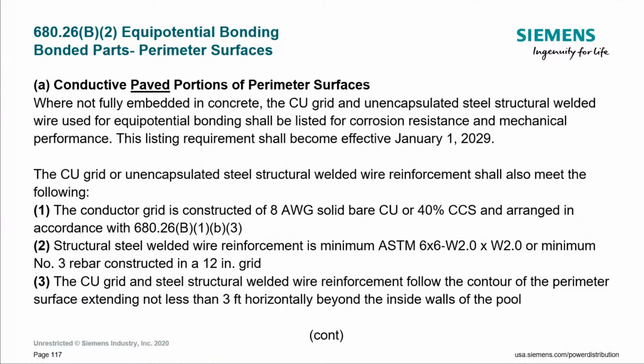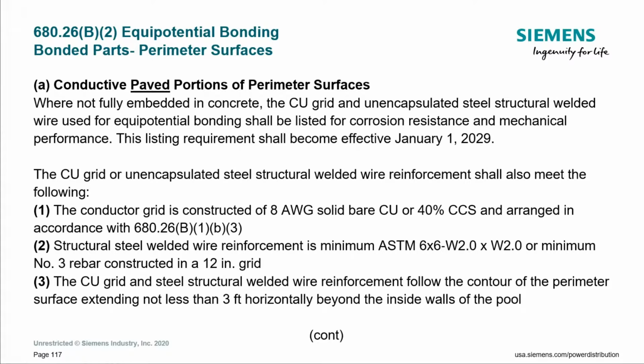Number two, if it's a structural steel welded wire reinforcement, it is a minimum ASTM 6x6 W2.0. I'm not sure what that all means. Is that an actual ASTM standard, or is that just the size? I don't think that's a call out to a particular ASTM standard, but it does call out some size.